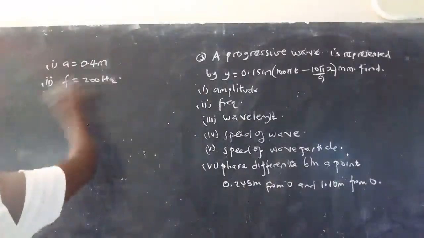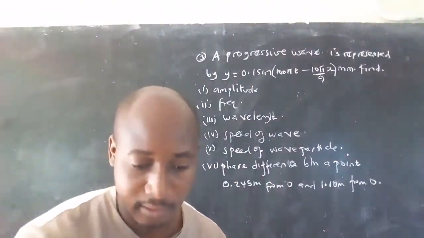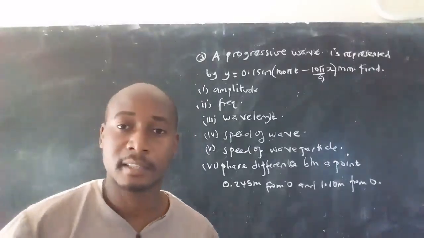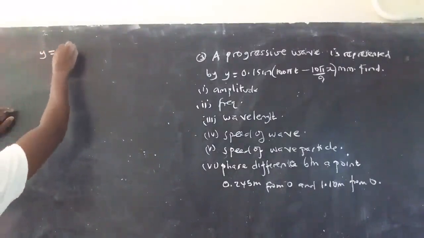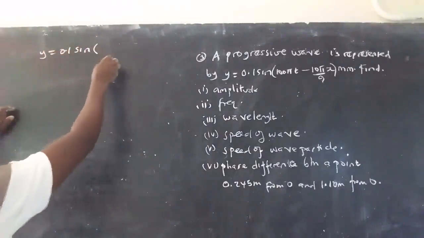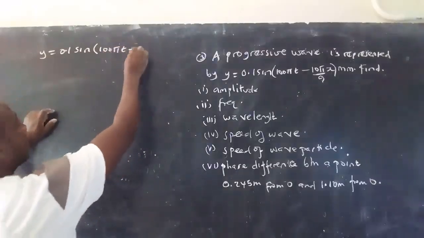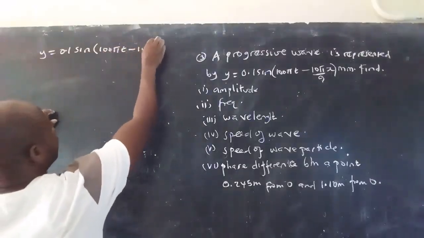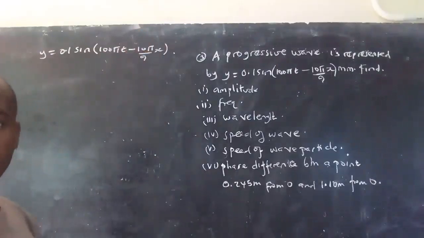So we come here, we got the solution. How do we handle this? The equation given is y equals 0.1 sine of 100 pi minus 10 pi over 9 x.